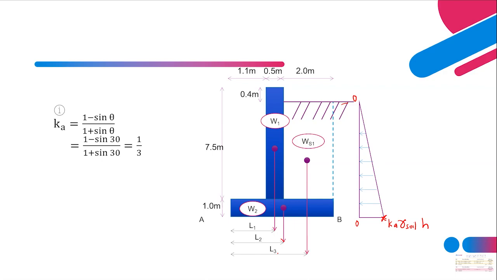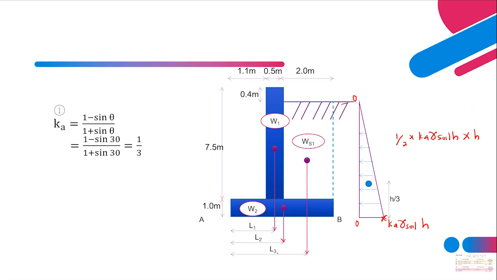Jadi bila kita nak kira berapa total area dia, maksud total pressure distribution, kita akan kira area. So setengah, which is area triangle ni, darab dengan dia punya lebar, which is Ka unit weight of soil H, and then kita kena darab dengan H, which is the height, setengah darab lebar darab tinggi. So ini dia punya B lah kononnya, ini adalah dia punya H kan. Okay, setengah darab lebar darab tinggi.